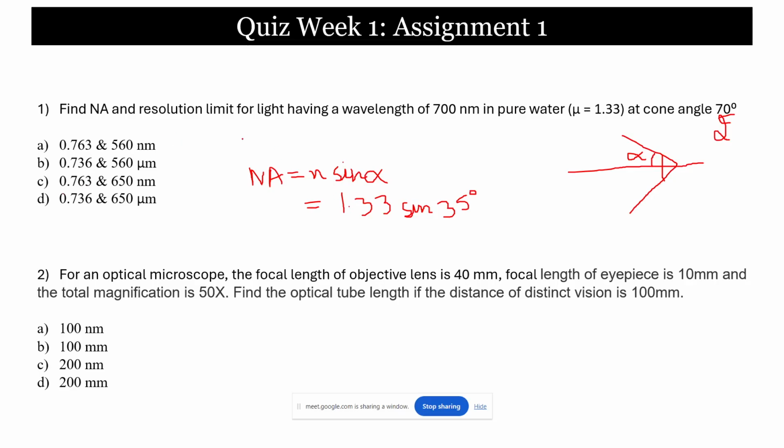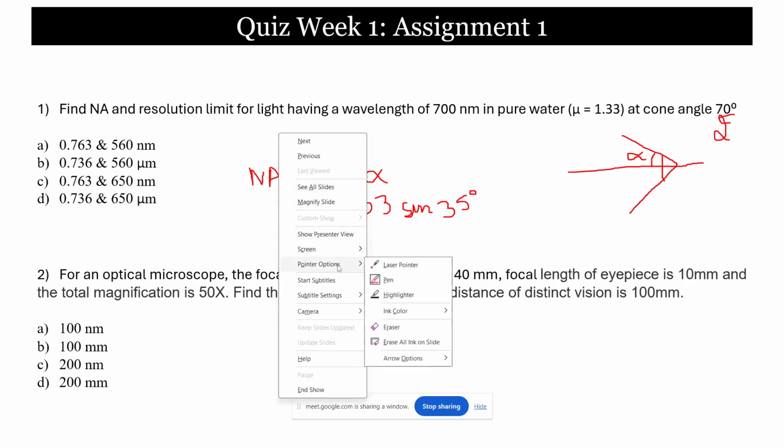So 0.763, and they have also asked about the resolution limit. The resolution limit also we discussed in our slide. I'll first remove this.